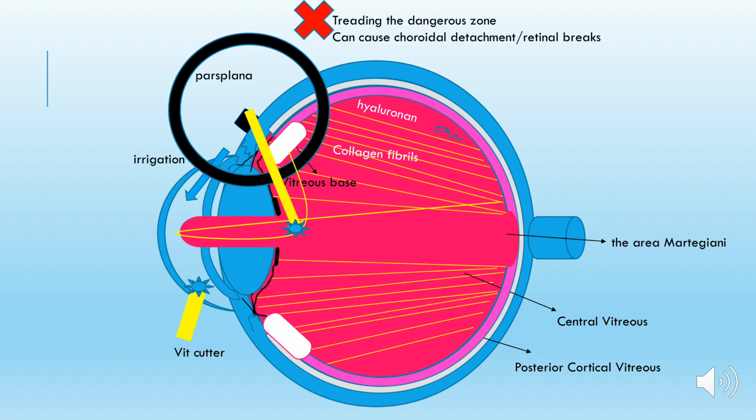Here one should be a little careful, because there is a possibility of causing choroidal detachment and retinal breaks, as we know that the vitreous is very adherent in this part to the retina. So this is kind of treading in the dangerous zone, and a trained vitreoretinal surgeon is better able at this approach.